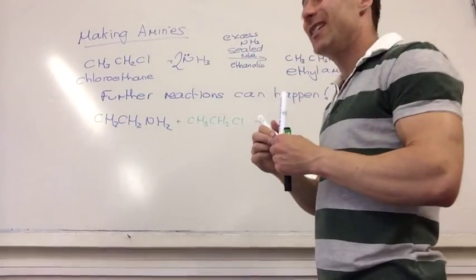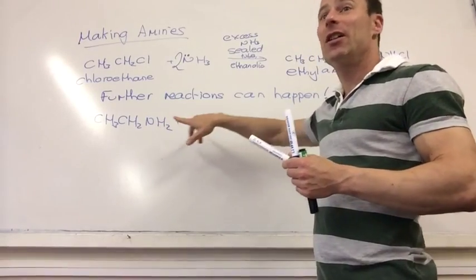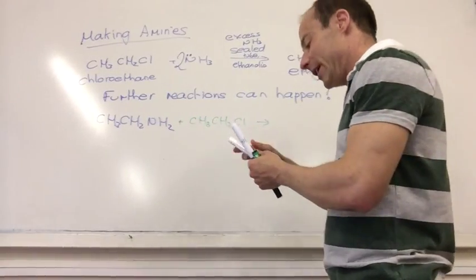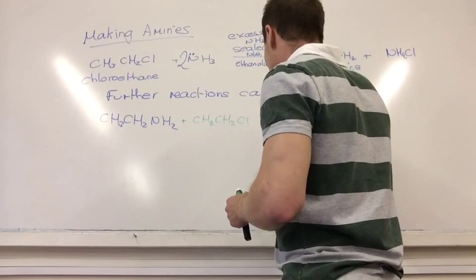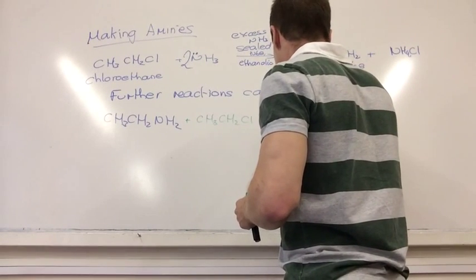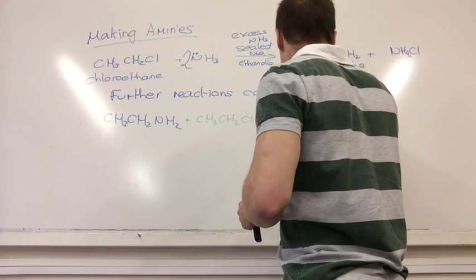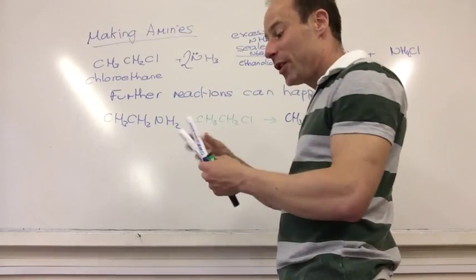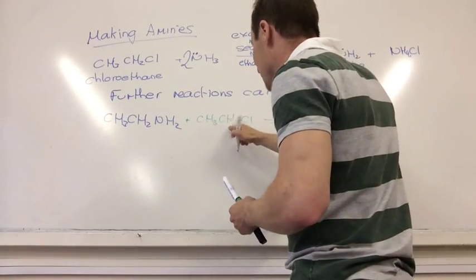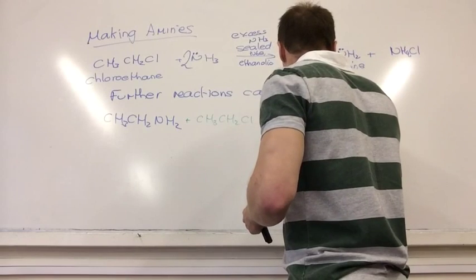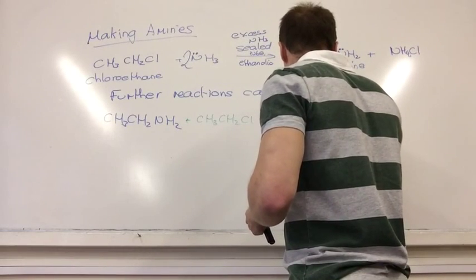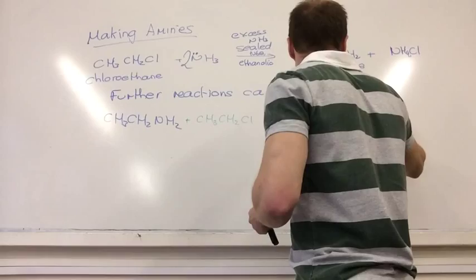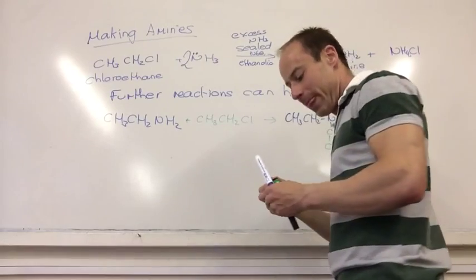And what happens is I substitute one of the H's for another carbon chain. I get CH3CH2NH, but one of those hydrogens has been substituted by CH2CH3, and I carry on making HCl again.